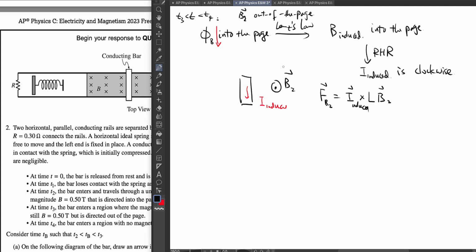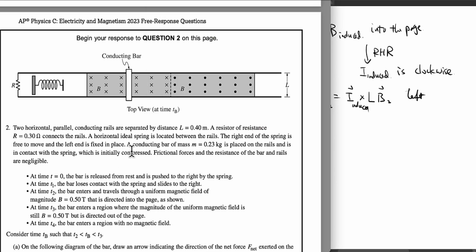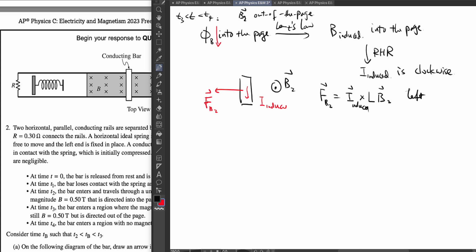So IL cross B, that direction is to the left. So we should draw this FB2. Okay, so now you see, even if the magnetic field changes to the opposite direction, the force is still to the left. And the previous expression still applies. So we still have an exponential decay.